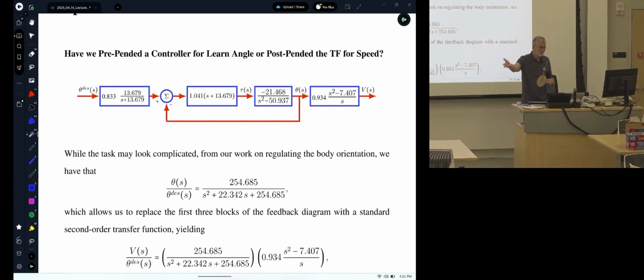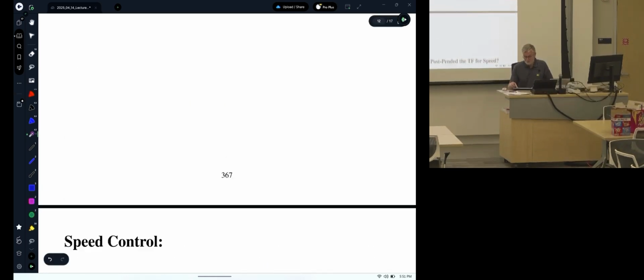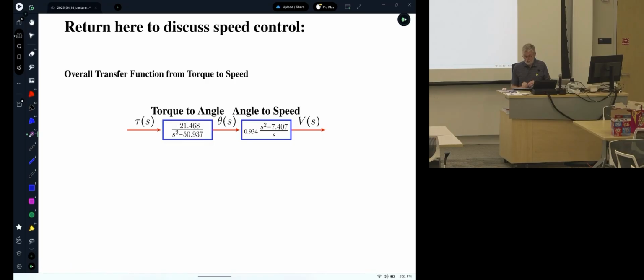That's the physics. These transfer functions are telling you the same thing, but unless you're kind of used to looking for that in the physics, you don't see it. So this is the transfer function from torque to speed, factored nicely, and it's telling you that the lean angle controls the velocity.